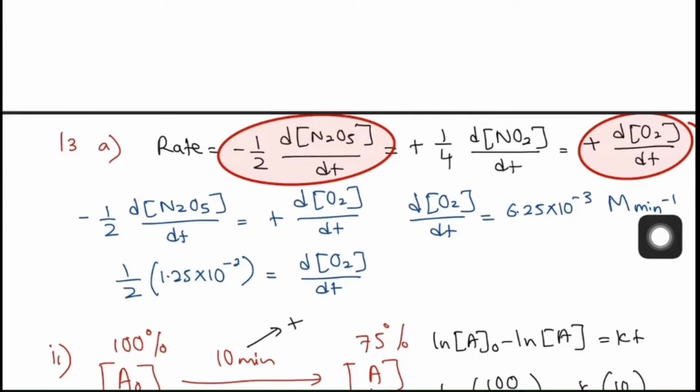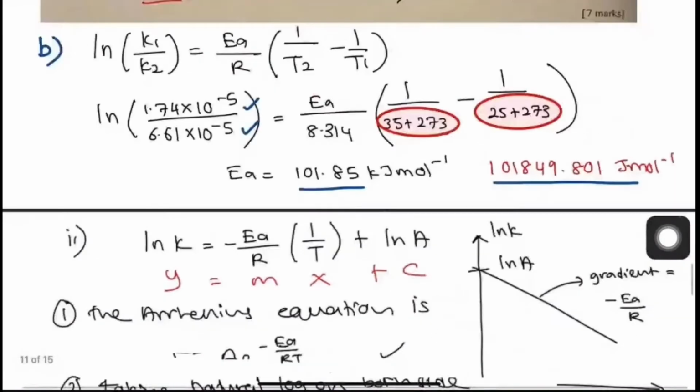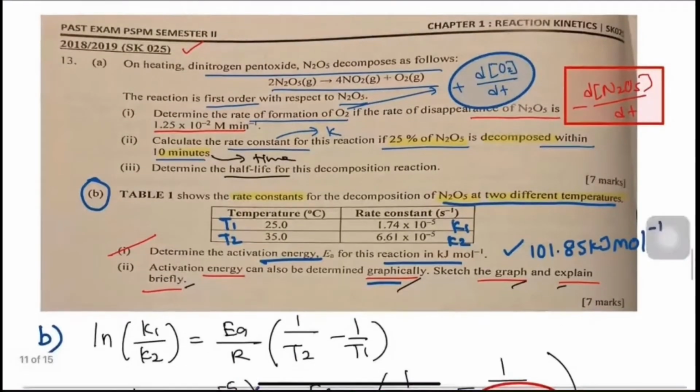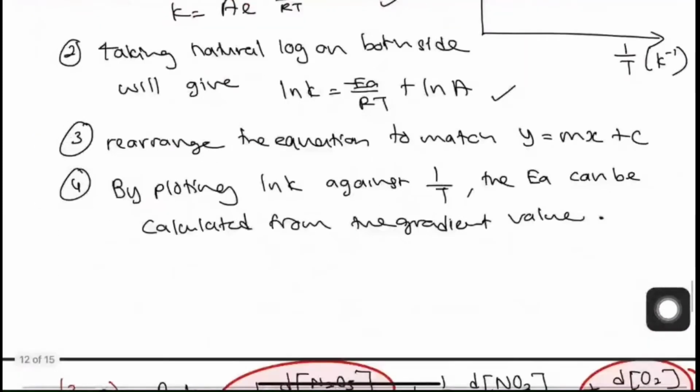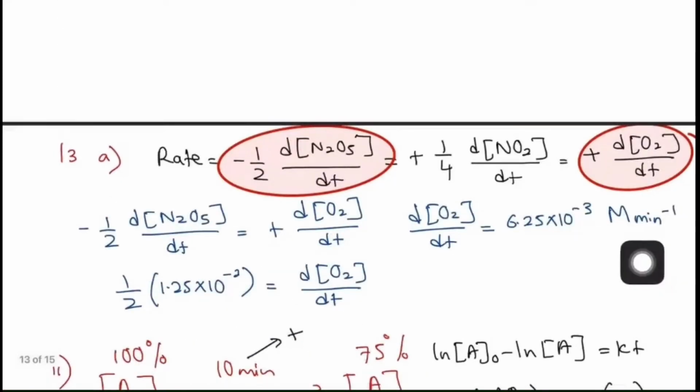Okay, how did I get molar per minute instead of the usual molar per second? Go back to the question. The rate of disappearance of N2O5 is given to be in molar per minute. Therefore, the rate of formation of oxygen should also be molar per minute. All right.